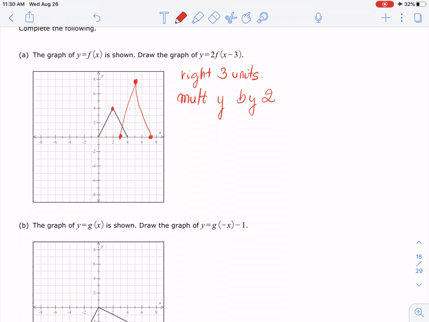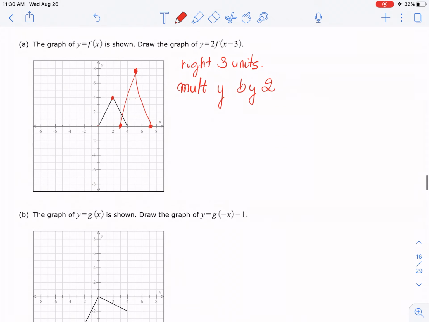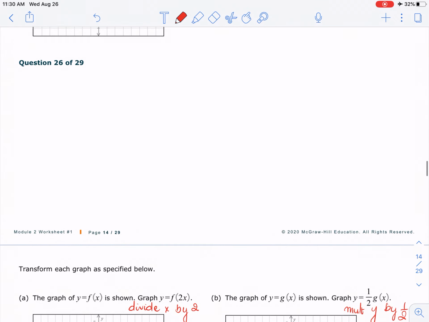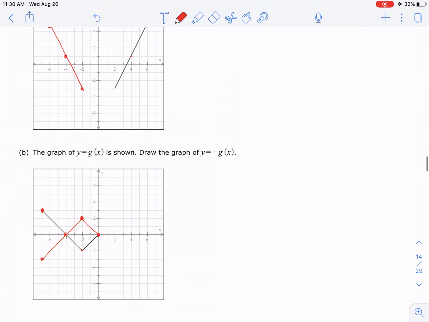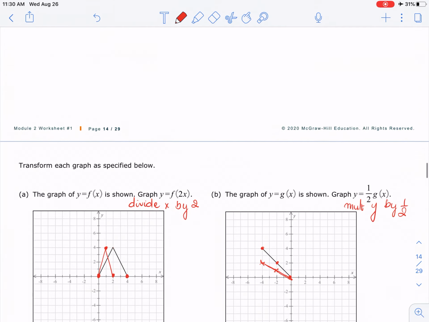Okay. All right. So what about part B? For part B, I'm going to go back and recall this one. You see, we go f of x, f of negative x. So you just simply change the x values to a negative, right?